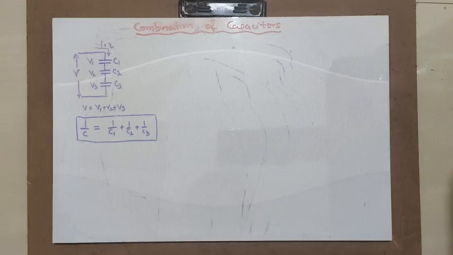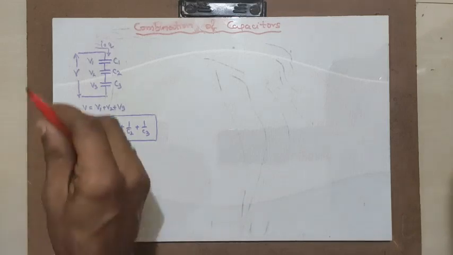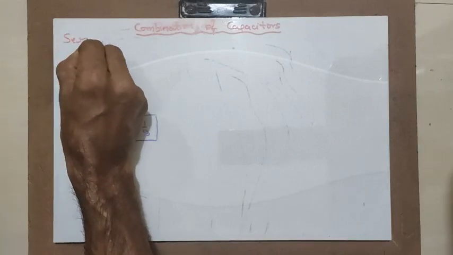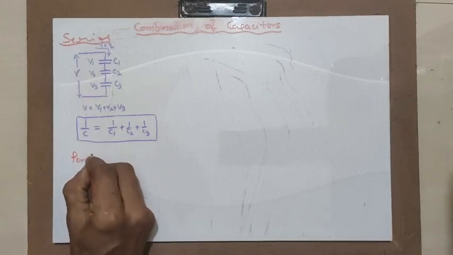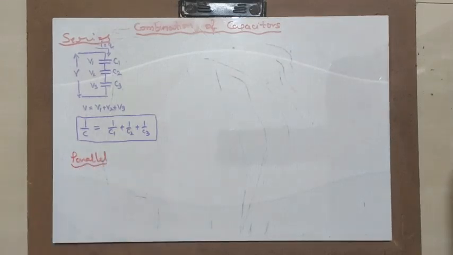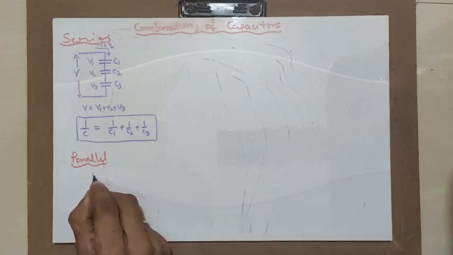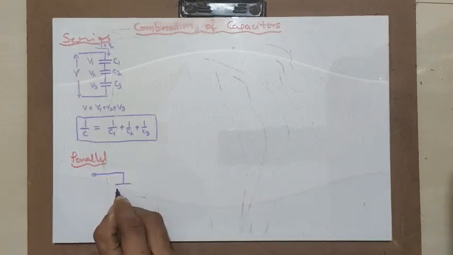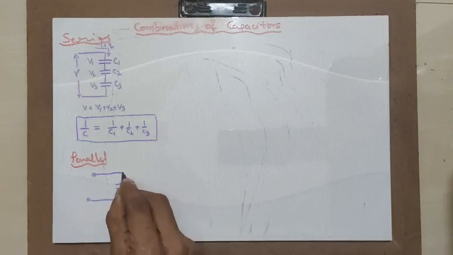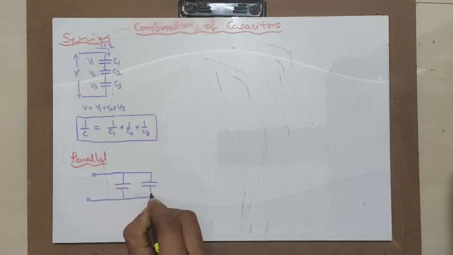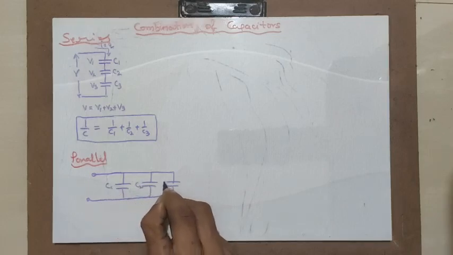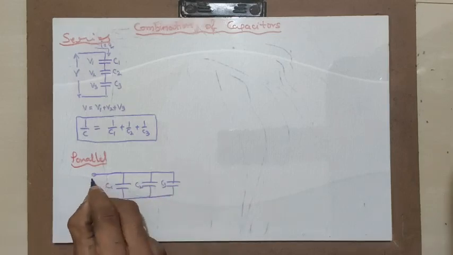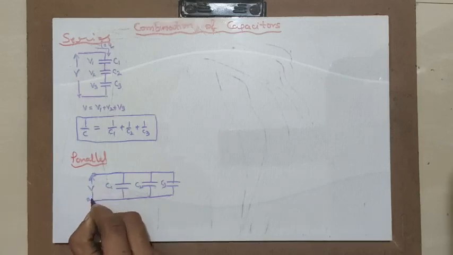Suppose I have a parallel combination of capacitors. When capacitors C1, C2, C3 are connected in parallel like this, importantly the voltage applied across each capacitor is the same.